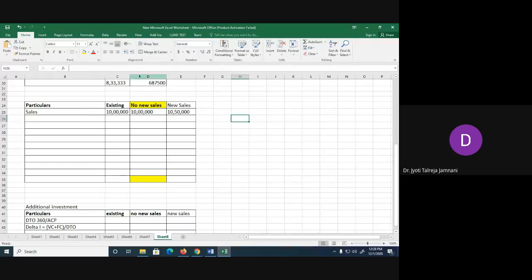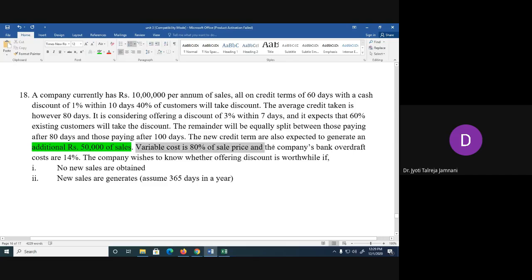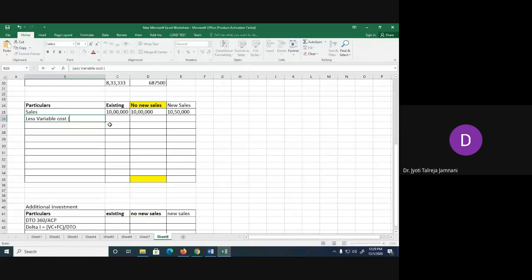Are you understanding the logic? Here this is existing. This is no new sales, but we are giving more discount. And here we are giving more discount and we are having new sales also. So three options we are solving for. From this we will do less variable cost. So variable cost they have told is 80% of the selling price. So 80% of 10 lakh. We write into bracket 80% of sales. 80% of 10 lakh is 8 lakh.